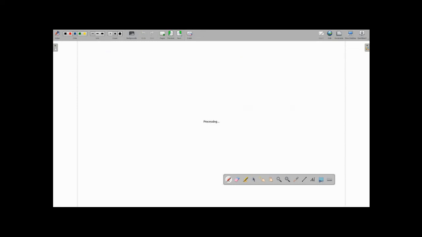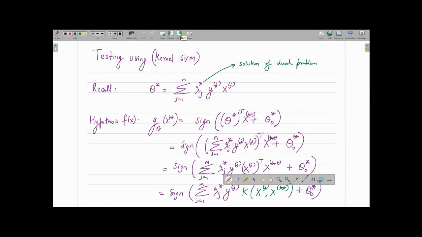Okay, fine. So this is done. This is just testing. So if you want to test a particular sample, what you do is you already know this theta star. You already know this theta star because this is the solution that you are getting from the optimization framework, lambda star. And then what you do is you just put them into this function, the boundary where you have signum function on theta transpose x plus theta 0.